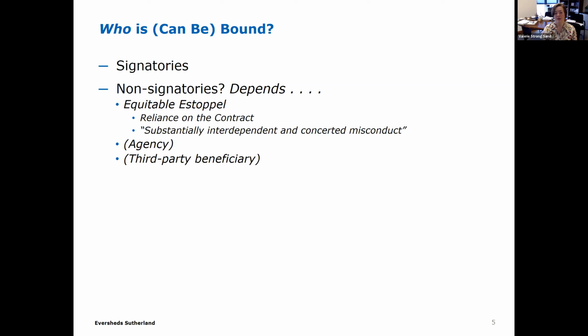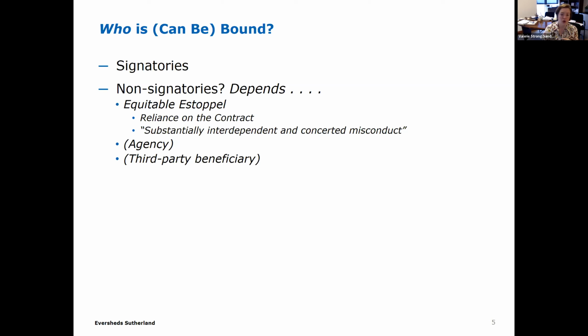But signatories, meaning the named parties, should expect, again, nothing really new here from Contracts 101. If you have accepted an offer, and part of the terms of that offer are that we're going to arbitrate disputes within a stated scope, you should expect to be bound by that. Again, there may be arguments about that, but that should be your general expectation.